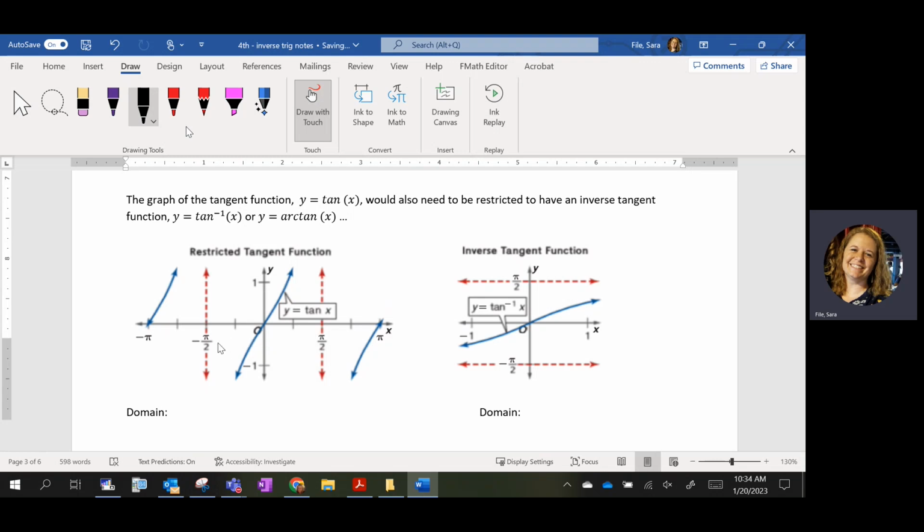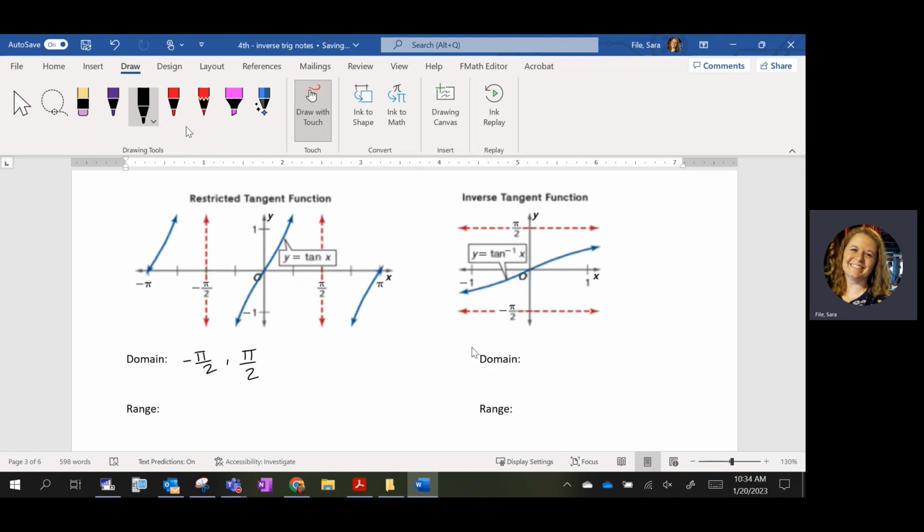So we're going to restrict it to the middle piece here, which is -pi/2 to pi/2 again. So that's the same as the sine restriction, except does the tangent function exist at pi/2 and -pi/2? No. So how do I indicate that we don't include those?